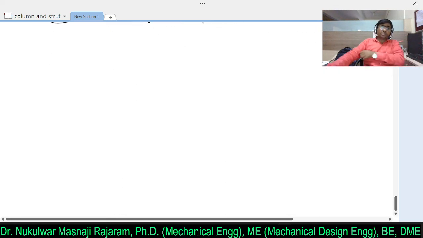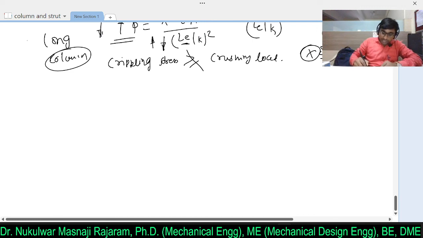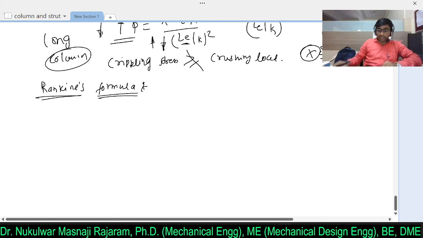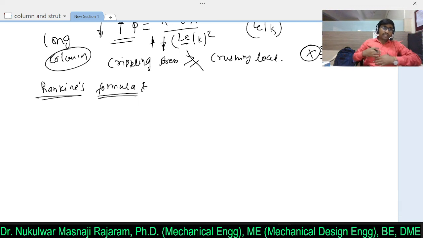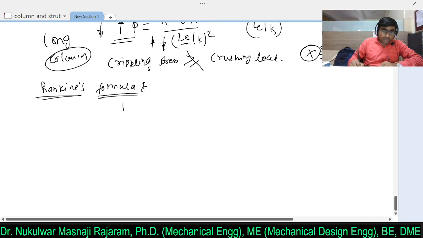Now when this point was noticed by Rankine, he evaluated the Rankine formula. This is empirical: by using trial and error, by doing more experimentation on columns, he derived one empirical formula. So that formula I will rewrite. I will write 1 by P equal to 1 by Pc plus 1 by PE. Simple.